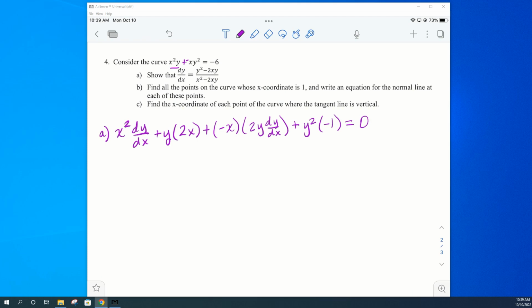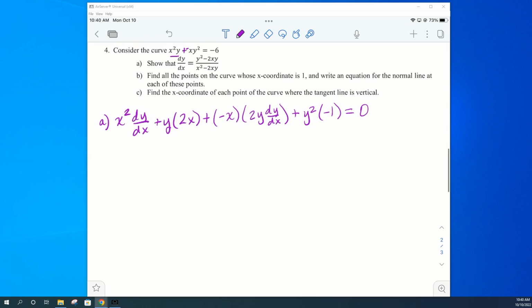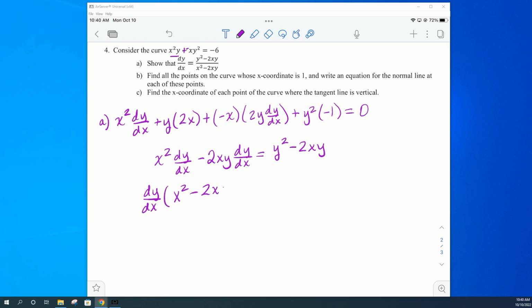Again, when it says show, friends, show your work. Okay, so I have that. Let's keep our dy/dx's on the left. I would have a y squared to the right and a minus 2xy, making sure I factor. There it is. You might could hear the vacuuming outside.